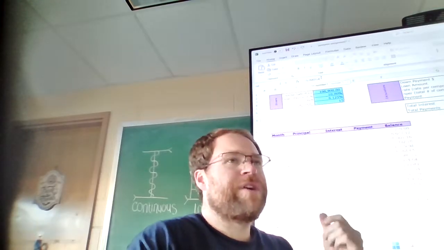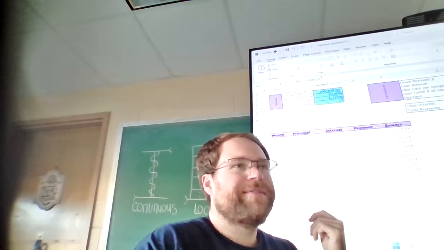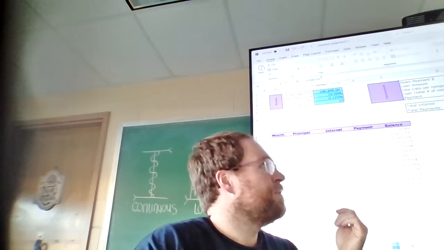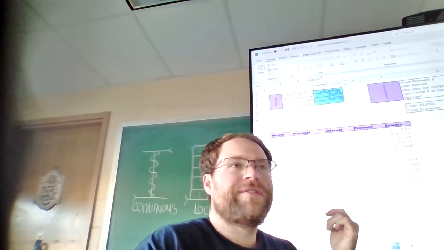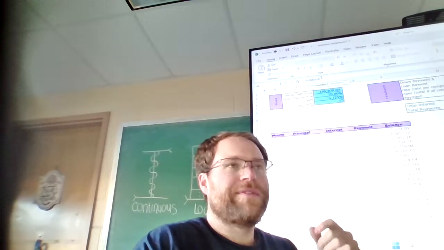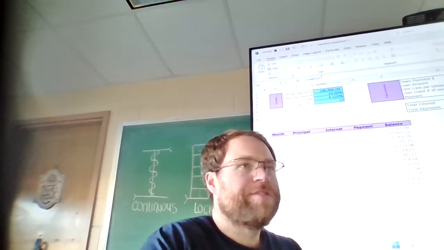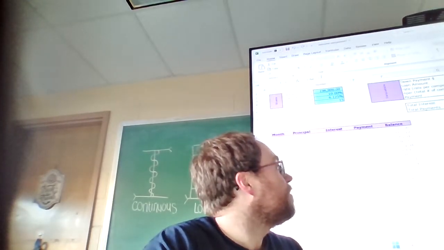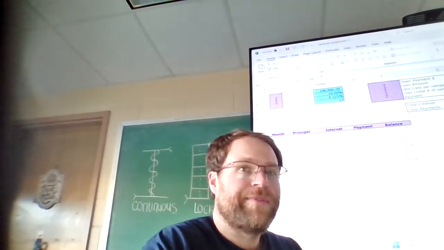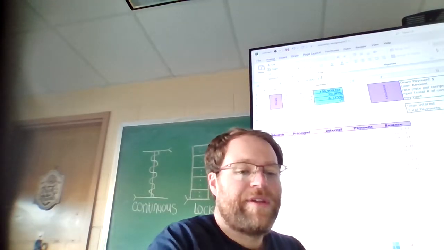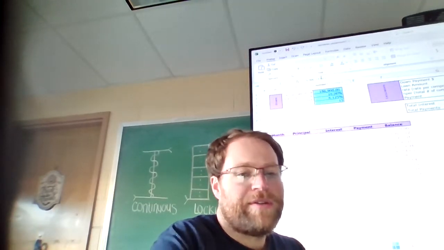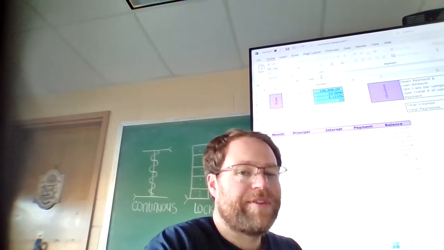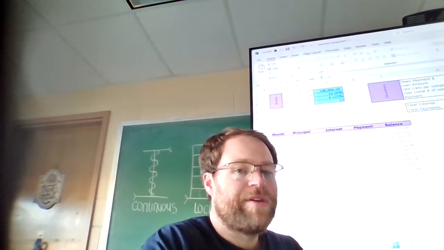Now, instead of dragging the mouse the whole way down there, we know that the last row we were dealing with was 193. So I can actually just type in colon and then D193, parentheses.